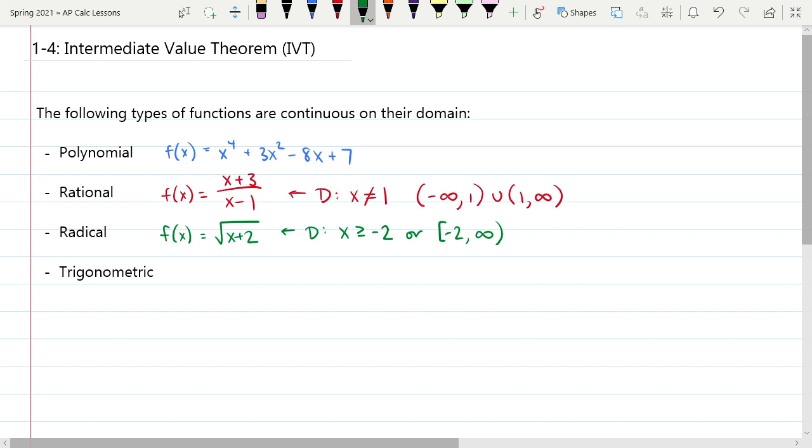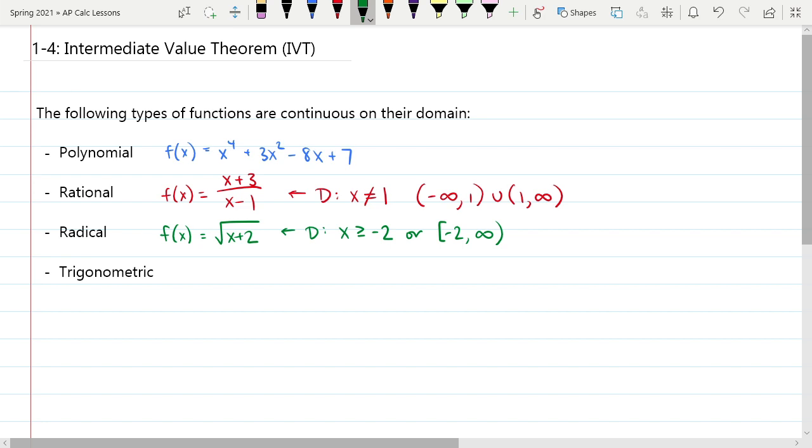So by knowing in advance that polynomial functions, rational functions, radical functions, and trigonometric functions are always going to be continuous on their domain, it makes it that much easier for us to recognize when we can apply a theorem, because we know that the condition of continuity is met.